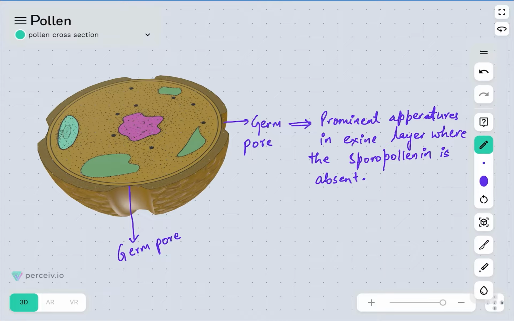Now the reason for the absence of sporopollenin at the germ pore sites is that the function of the germ pore is to provide space for the emergence of the pollen tube.